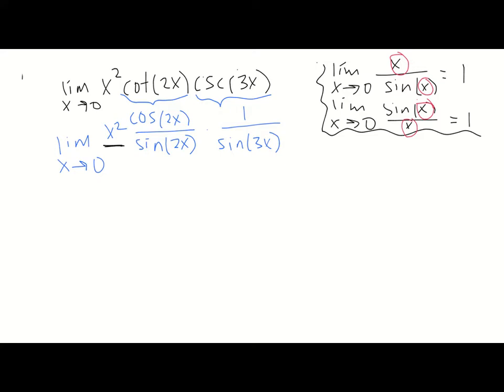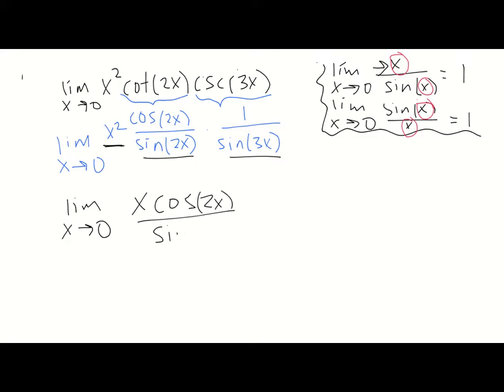So I know that we're going to need an x somewhere, but we have an x squared right now. But we also have two sine functions. So I'm now going to change this to the limit as x goes to 0 of x cos 2x over sine 2x times x over sine 3x.